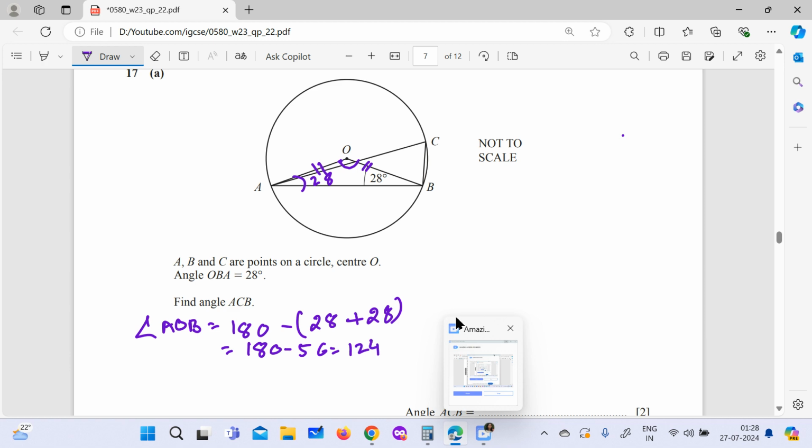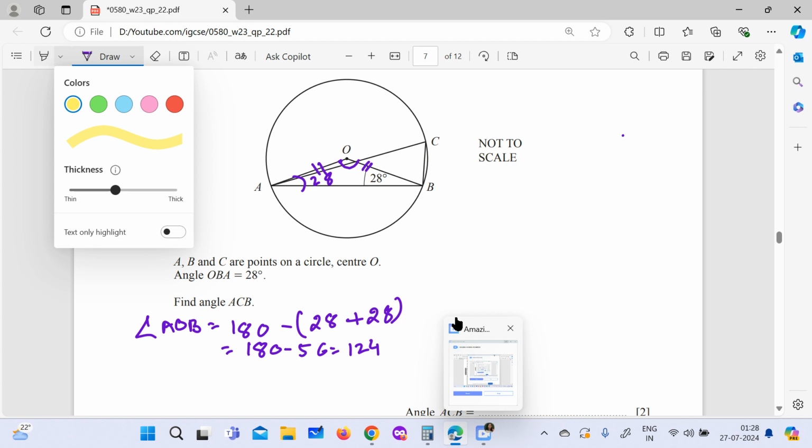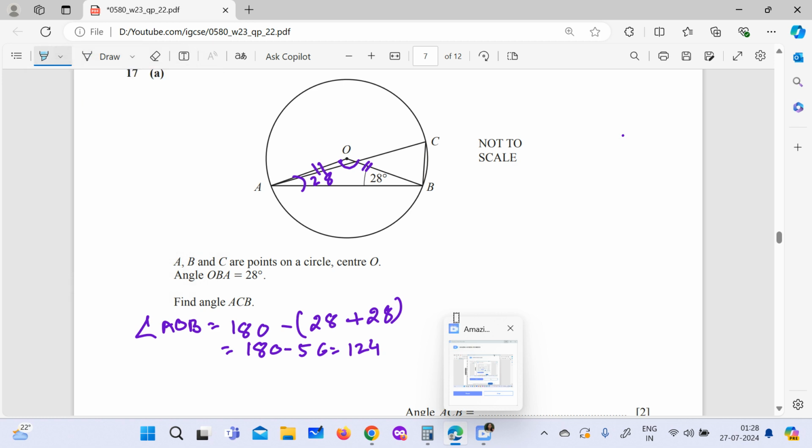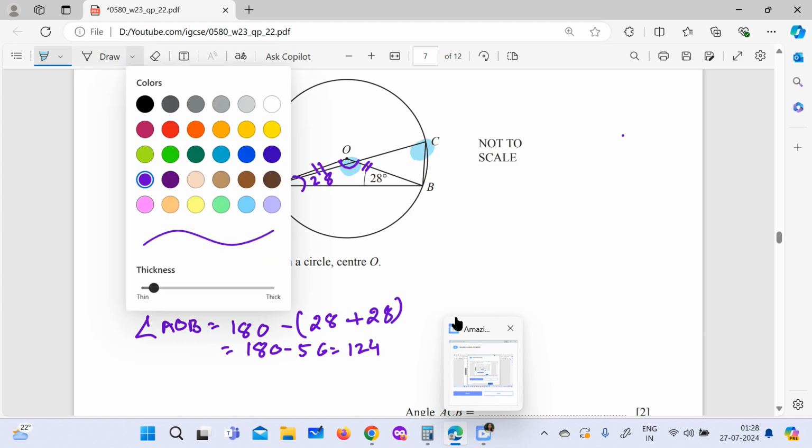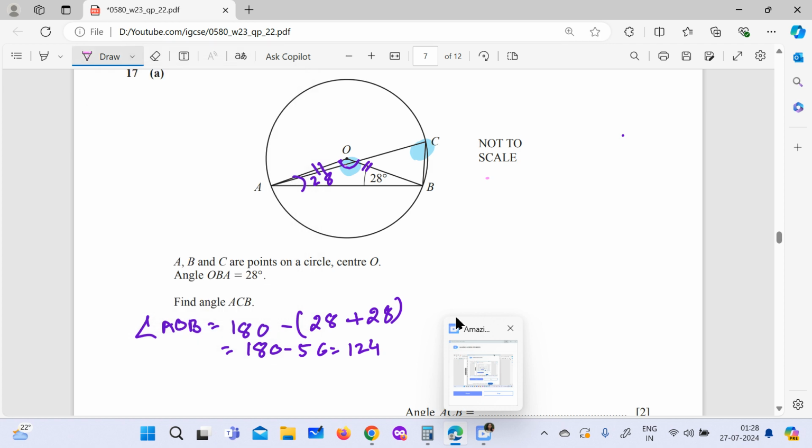Now one thing is very clearly visible here. This is the angle at the center, and from the same points A and B you have an angle on the circumference as well. The angle at the center is double the angle on the circumference.